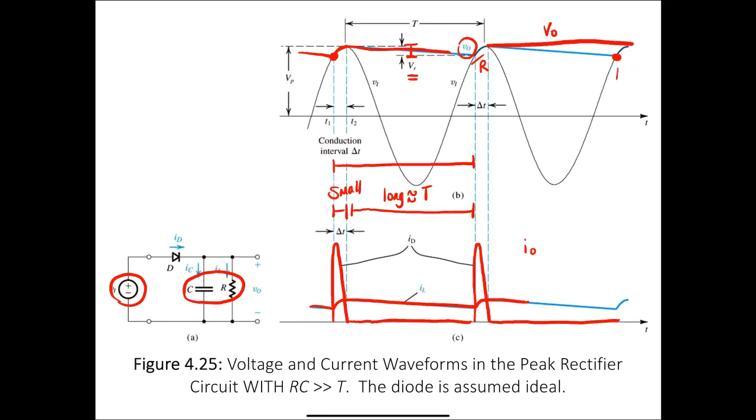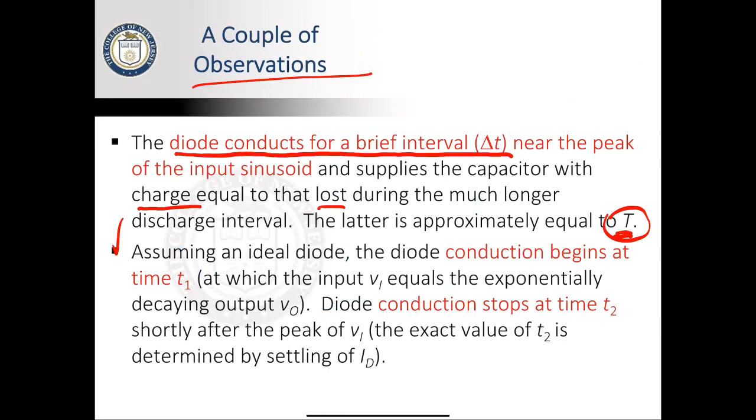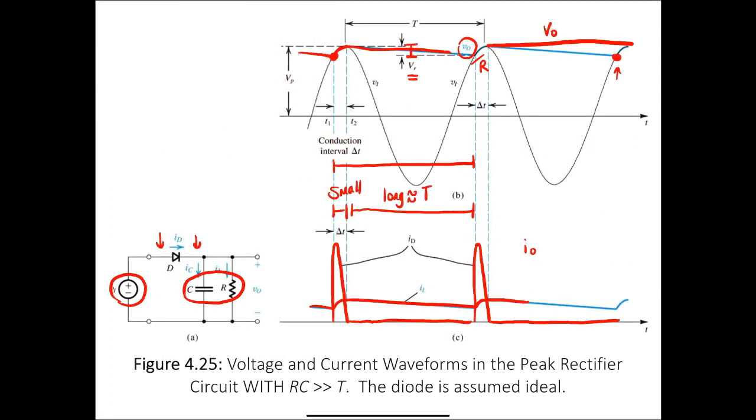That is when the diode will start conducting, because the voltage on this side of the diode will drop below what the voltage is on this side of the diode. Diode conduction stops at time t2, shortly after the peak of Vi. So we have T1 and we have T2.